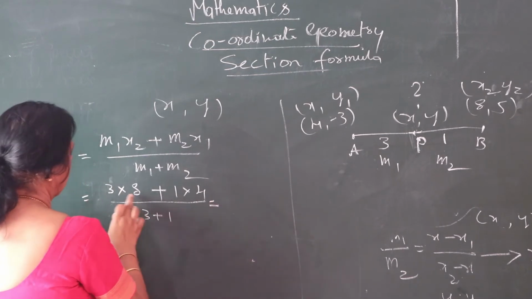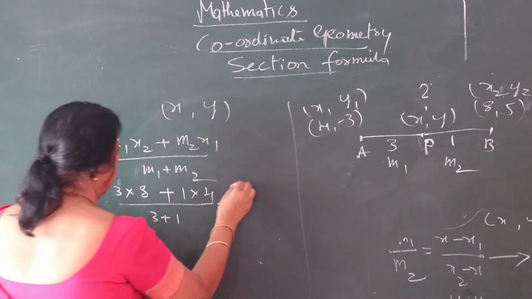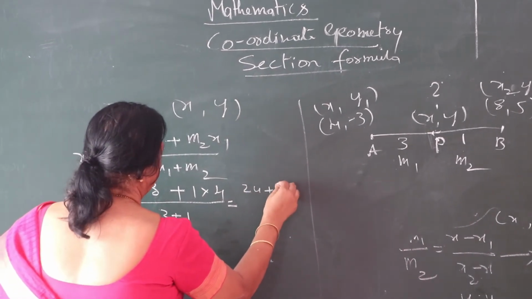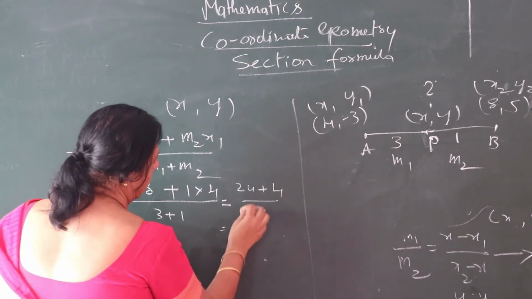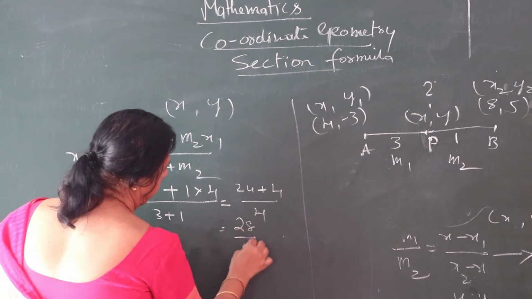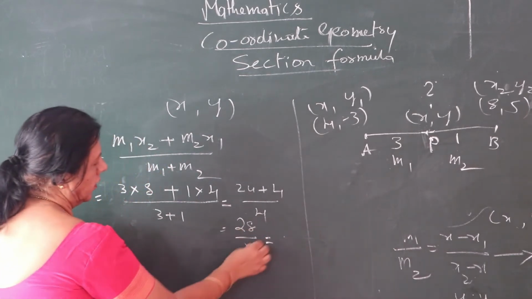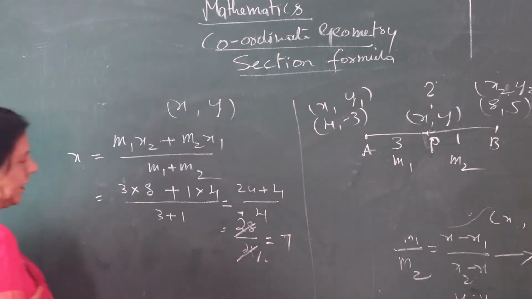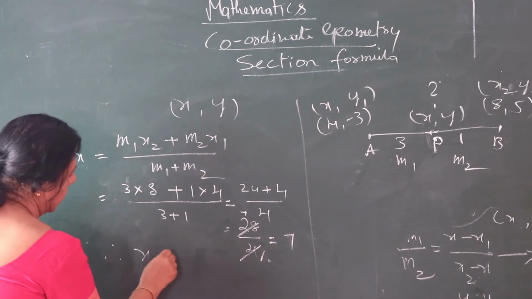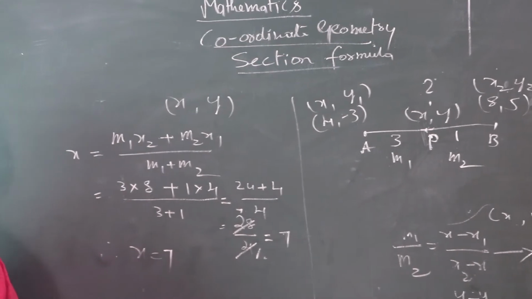So 8 threes are 24 plus 4 by 4. Here 28 by 4. Simplify: 4 sevens are 28, so 7 is the x value. Therefore x is equal to 7.